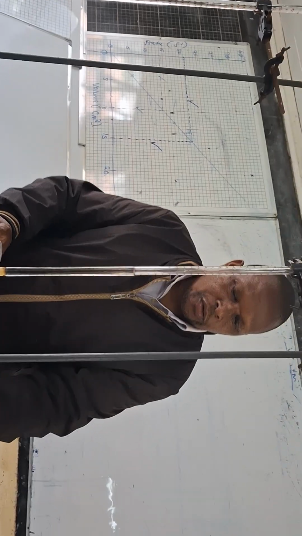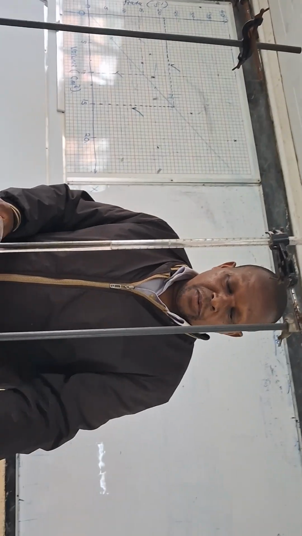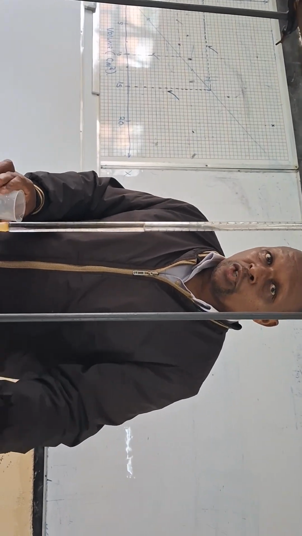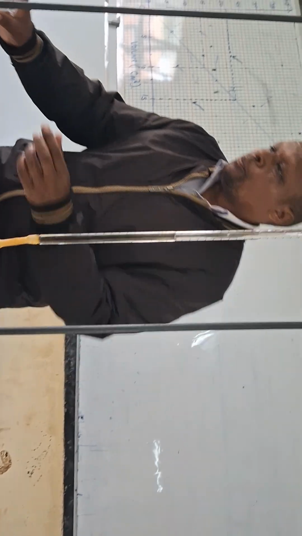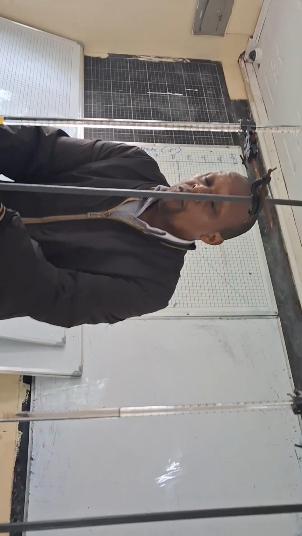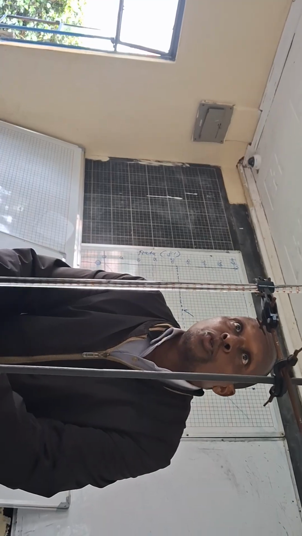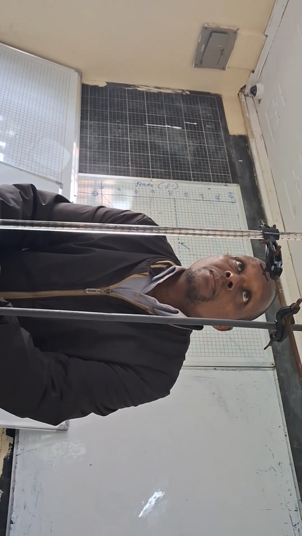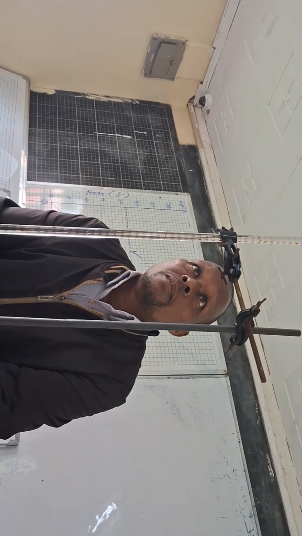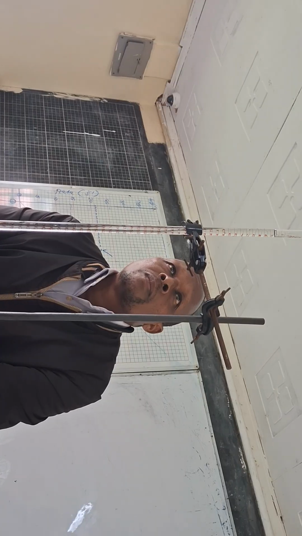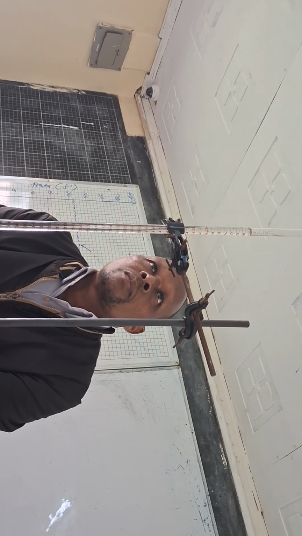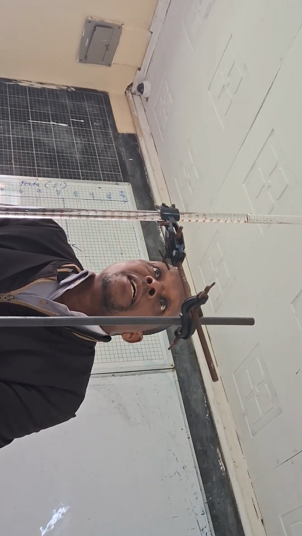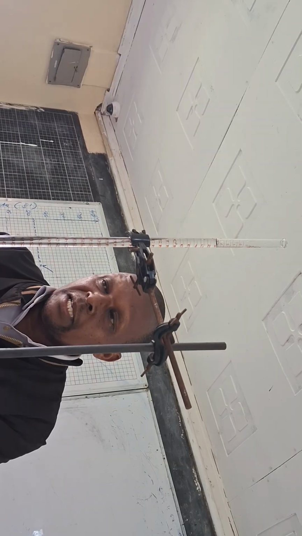The first portion, we are not going to add anything, we leave it like that. This is 20 cubic centimeters. The second portion, we are going to add 4 cubic centimeters of distilled water to make it up to 20. That's exactly 4 cubic centimeters.